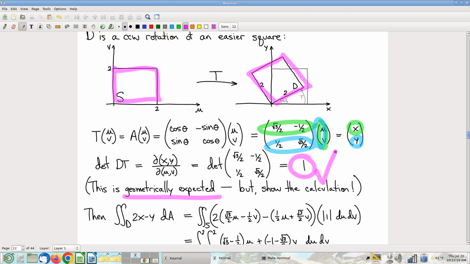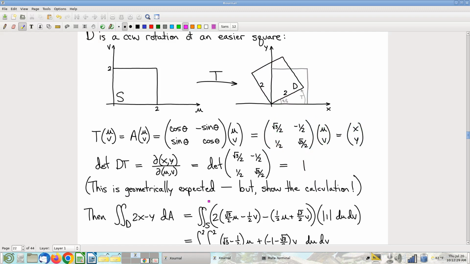Okay. Now, that said, just because it is geometrically evident, right, doesn't change the fact that, again, this is not a course about answers. This is a course about reasoning, and I don't want to prove this fact.